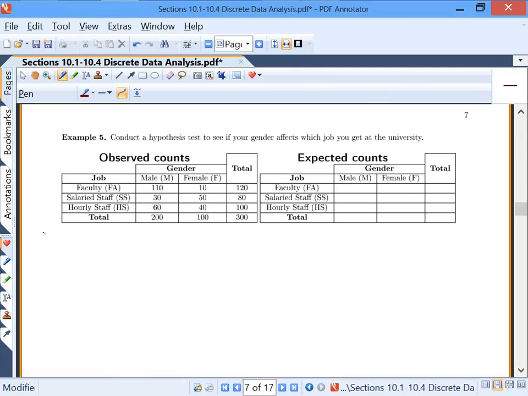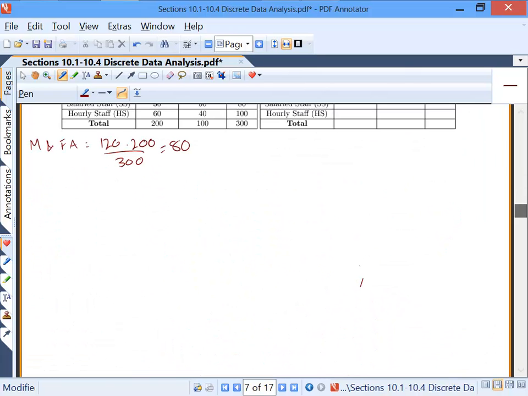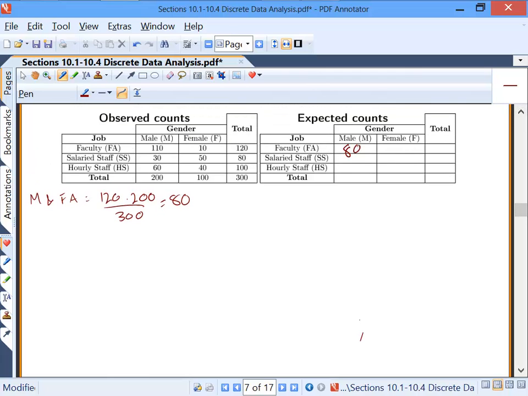So for male and faculty, that's going to be 120 times 200 divided by 300. Anyone got an answer for me for that? 80? So my expected count for this is 80.